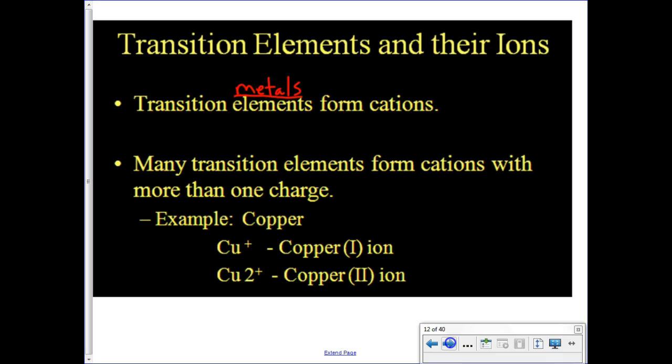That's why we use the Roman numerals. And so, for instance, copper, and this is in your reference table in your book, in your chapter 9.1 section. We could have copper with a positive 1 charge or copper with a positive 2 charge. And the Roman numerals tell us the charge for that particular copper that we're looking at.